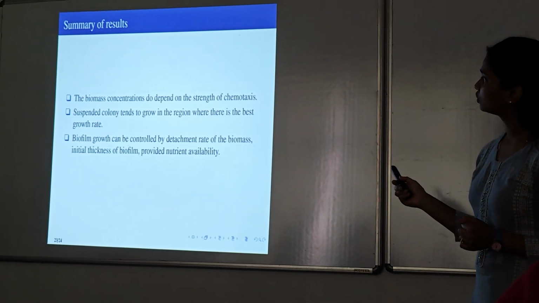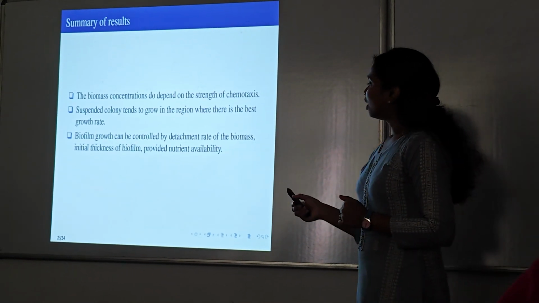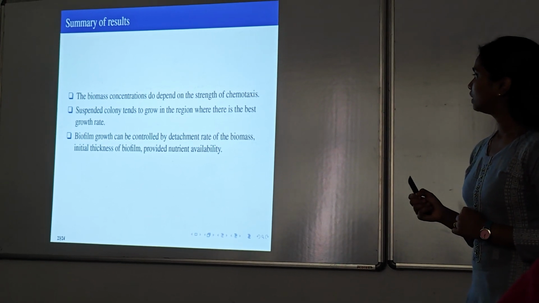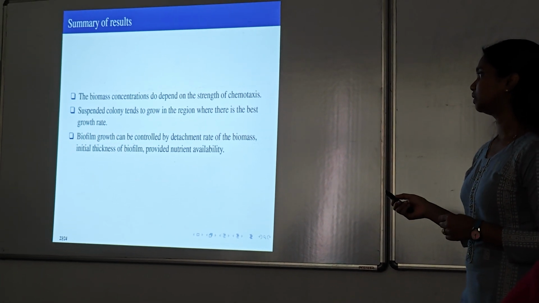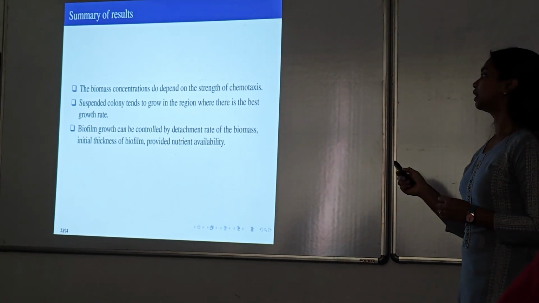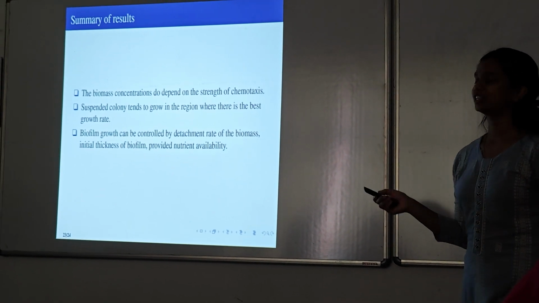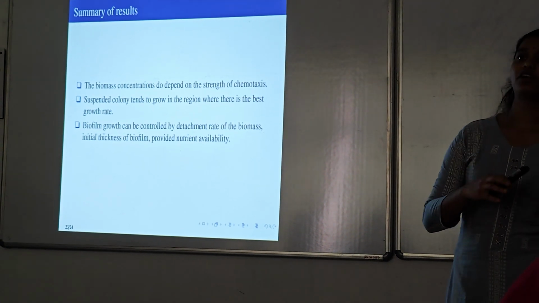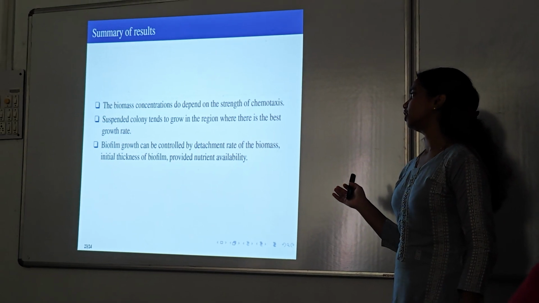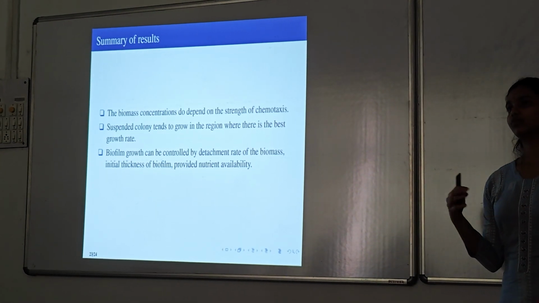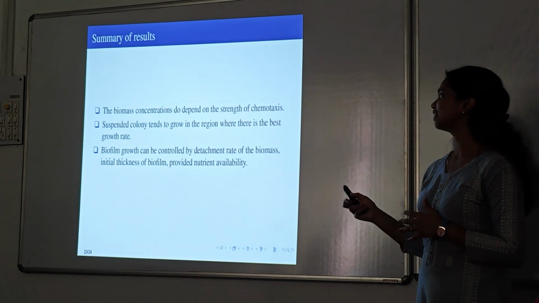Biofilm growth can be controlled by the detachment rate of the biomass and the initial thickness of the biofilm, provided the nutrient availability. I didn't include the slide of changing the boundary conditions on C and O, but I have seen that, but since we have to change some other parameters, that's why I didn't include it here.